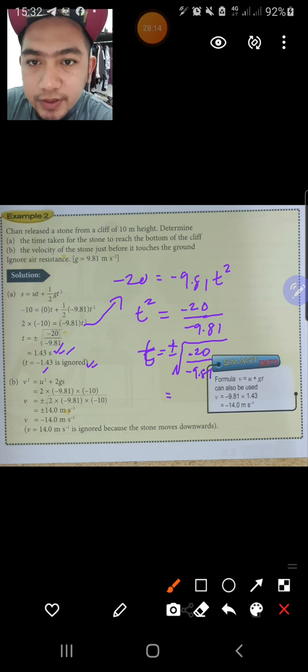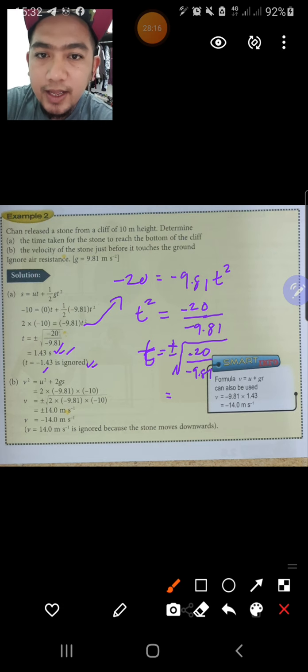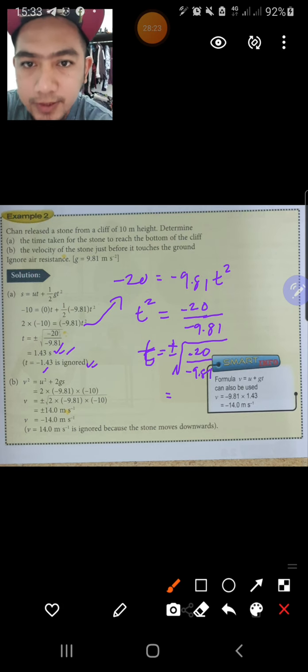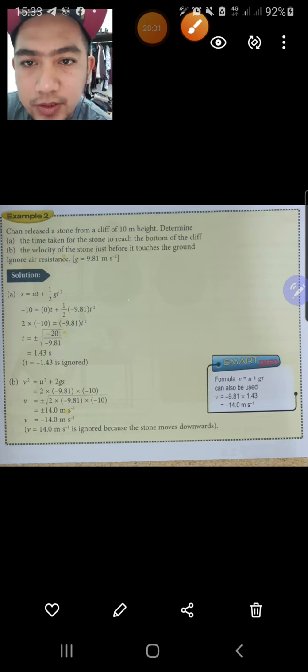The velocity of the stone just before it touches the ground. Just before it touches the ground, means it has not reached the ground yet.